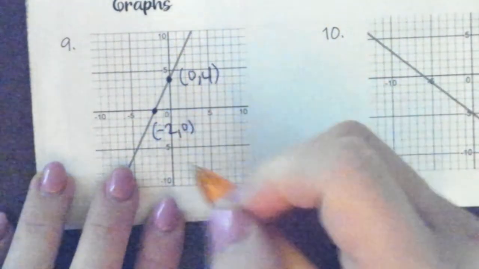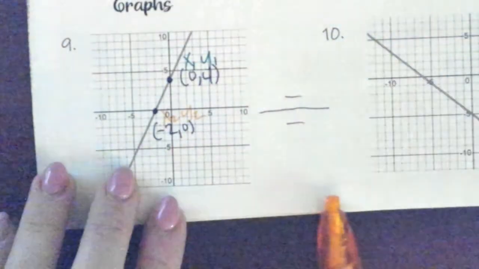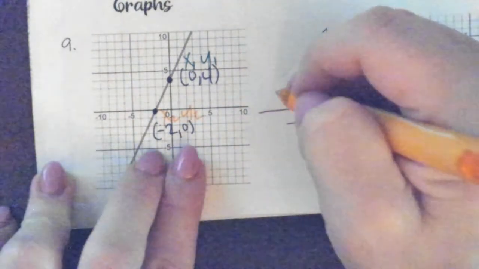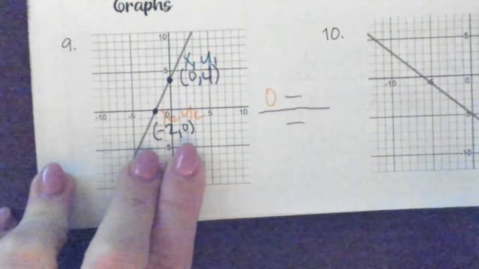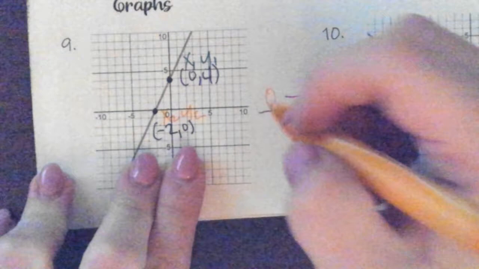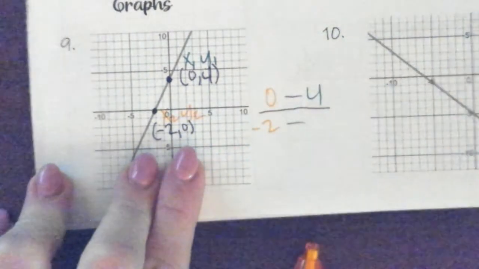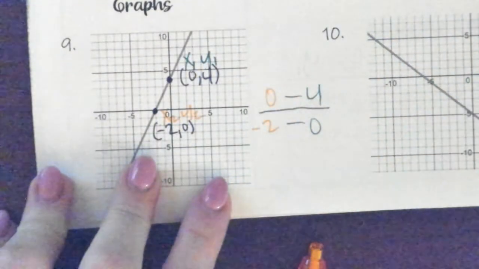I'm gonna put this one as x2, y2, x1, y1. So we've got 0 over 4, -2 over 0.